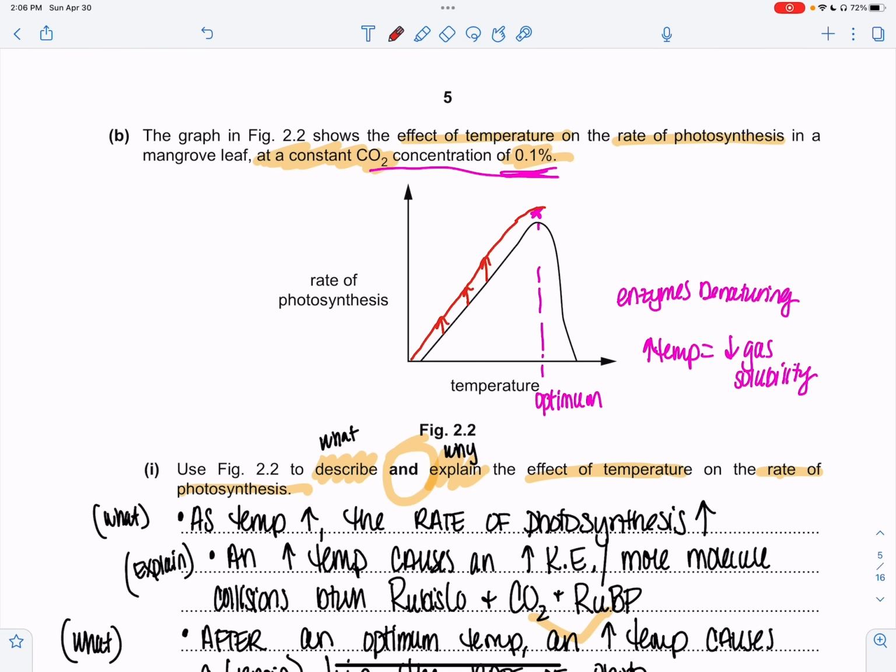It's still going to denature at the same area. But again, because there was more CO2 to be combining with RuBP in the light independent phase, then we're still going to be able to actually carry out more photosynthesis, just even though it's denaturing.